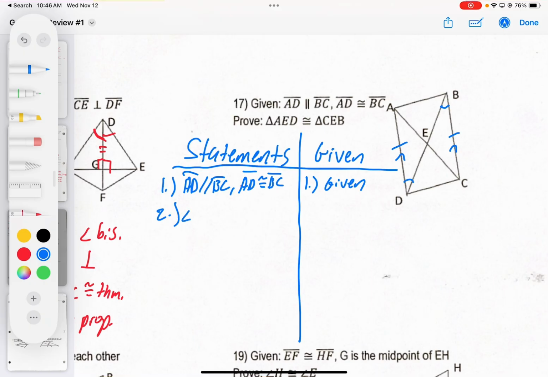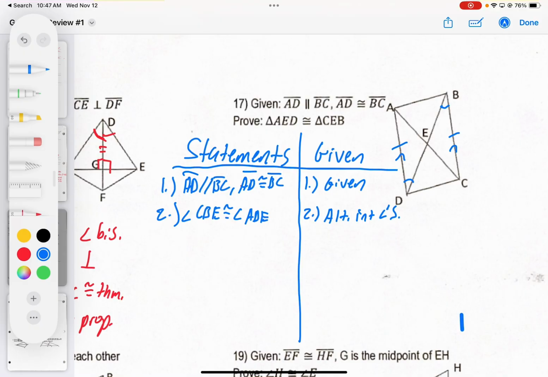So angle, okay, B needs to be in the middle. So we would say CBE is congruent to angle ADE. Alternate interior angles. You guys have two options here. Braden told us one pair. Can we get another pair of alternate interior angles?